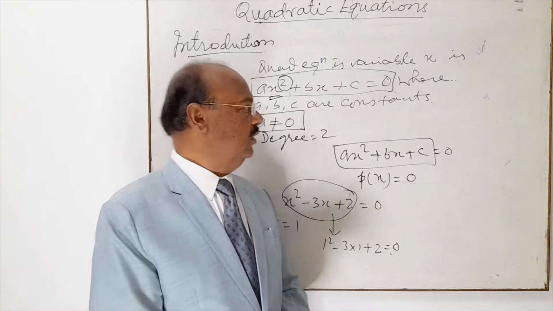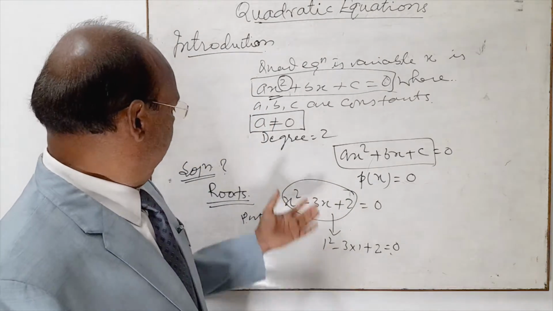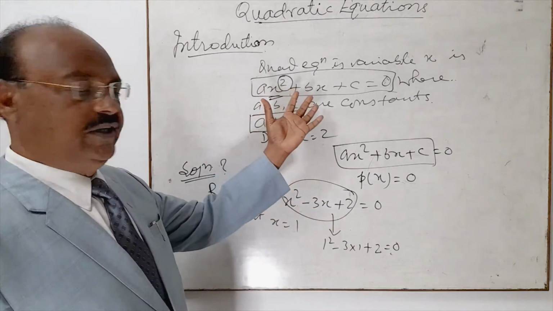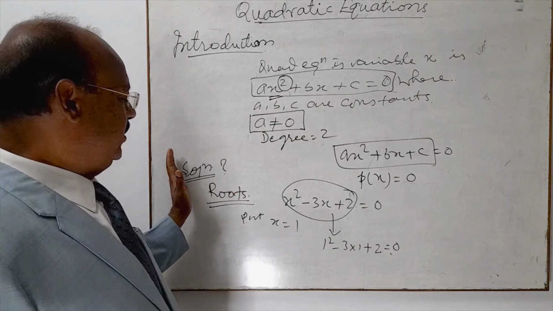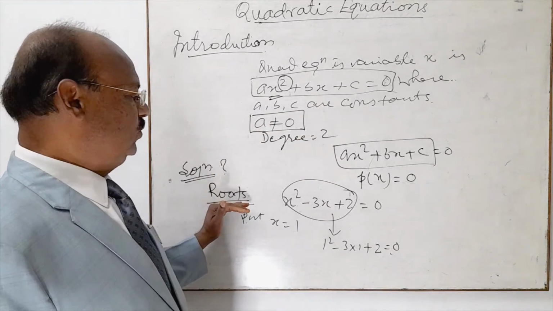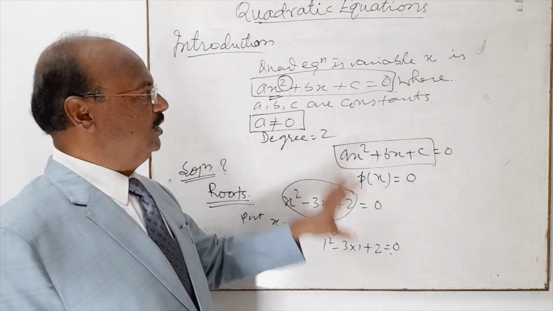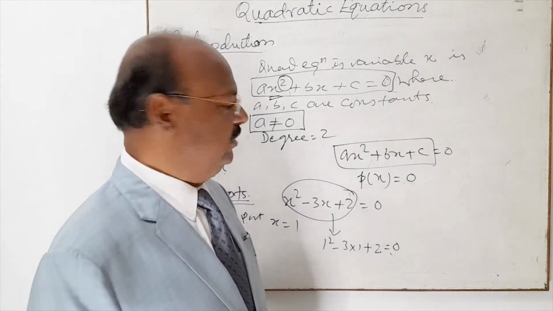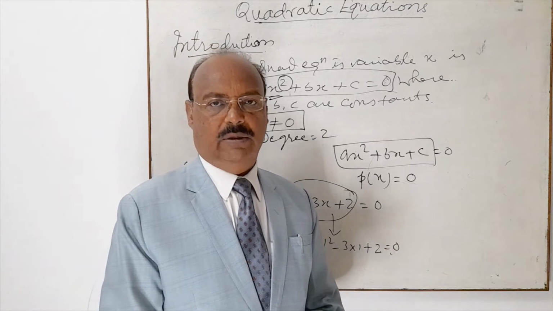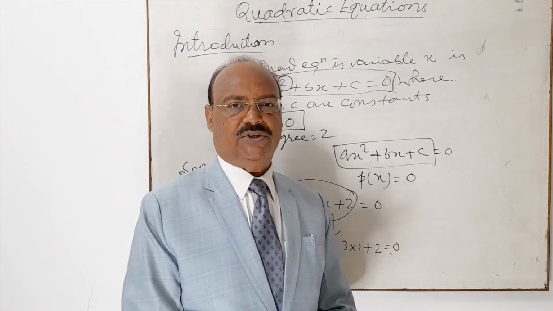Correct? So these are the introduction about quadratic equation, solution of a quadratic equation, and roots of a quadratic equation. Very easy to understand. Now we'll make it more clear with the help of some problems. So let us see some problems now.